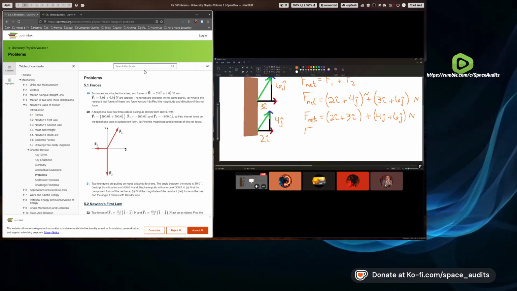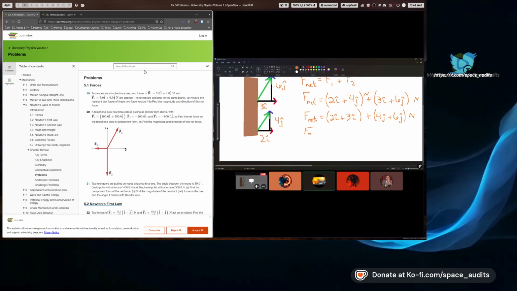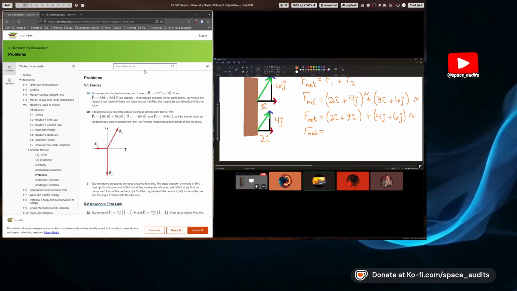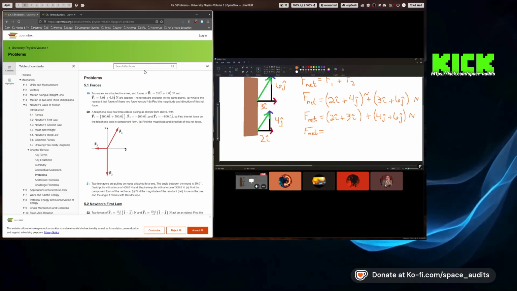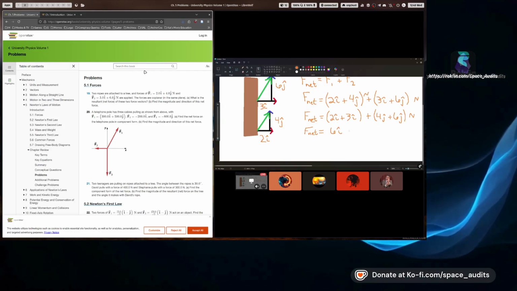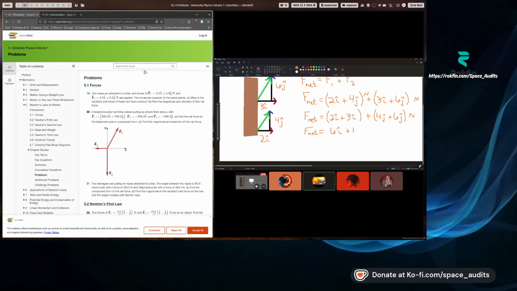So finally, I'm going to arrive at this solution, which is F net equals 6I plus 10J.